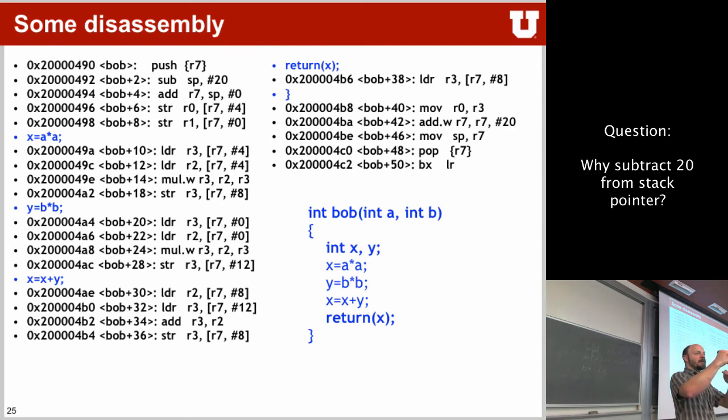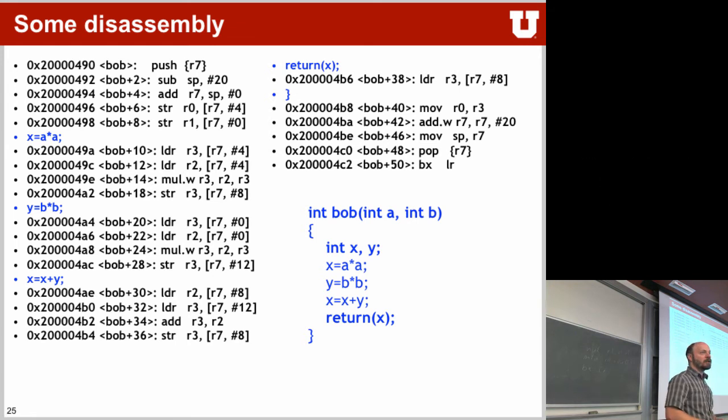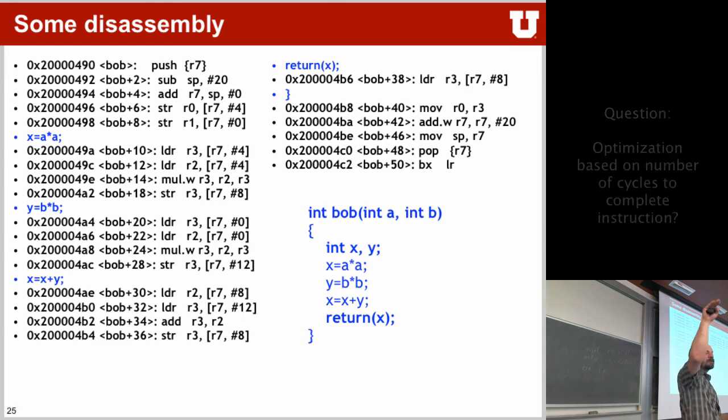For example, it does that because if we needed to call another function, it will start growing the stack further down, and it will come back up to the 20 where we were. So it reserved 5 slots on the stack itself. Makes sense? And then you can access these stack locations in memory using the load and store functions here. It always uses R7 to refer to where the stack is now, and then loads into the locations that it reserved.